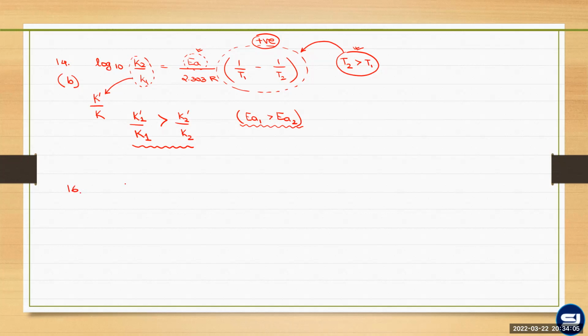Arrhenius equation may be written as, if you observe, the derivative of log k with respect to temperature.